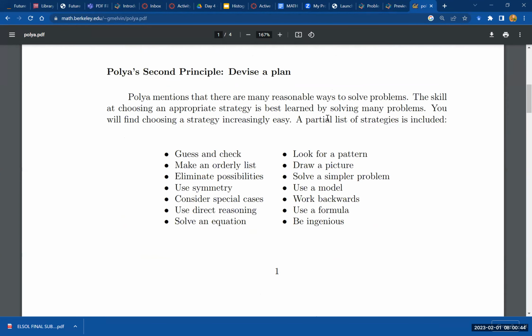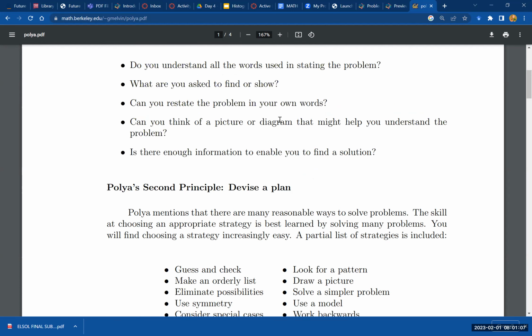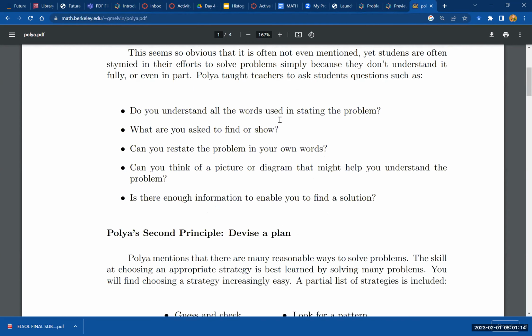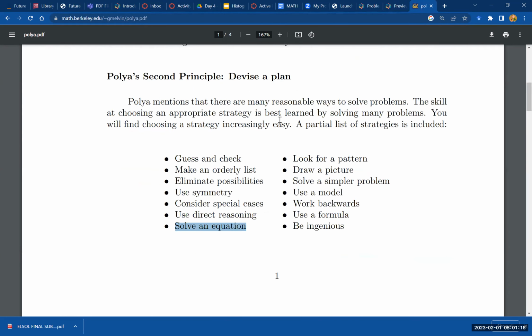In other words, I think we can use a formula or solve an equation to try to understand how fast train A is going. So sometimes you're going to be bouncing back between understanding the problem and devising a plan.